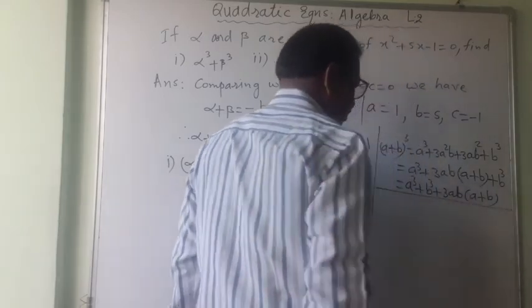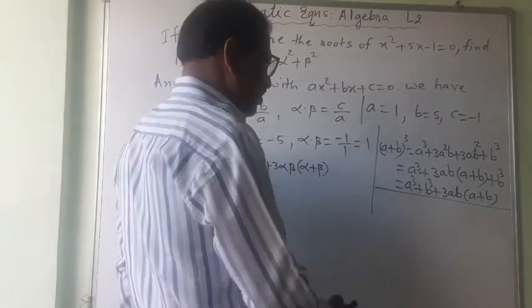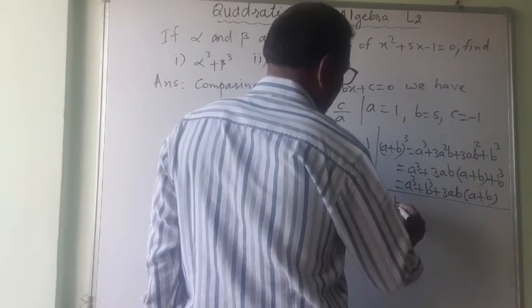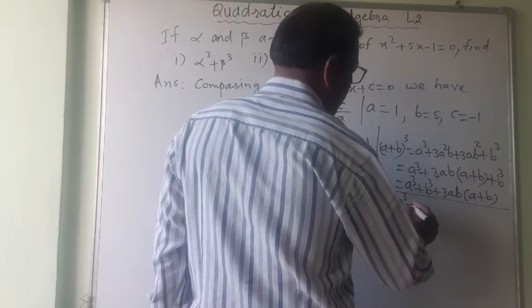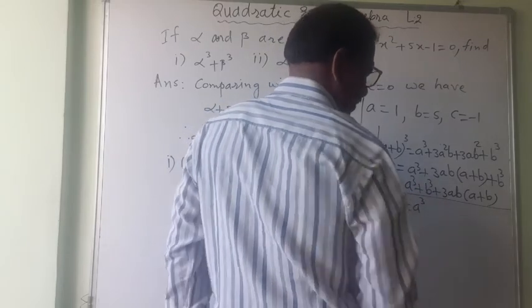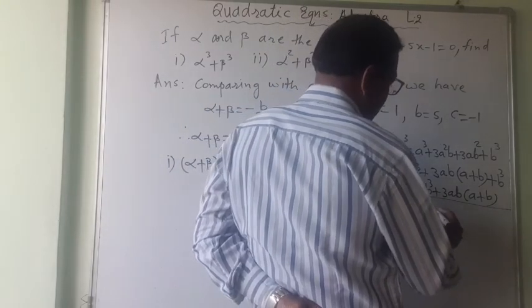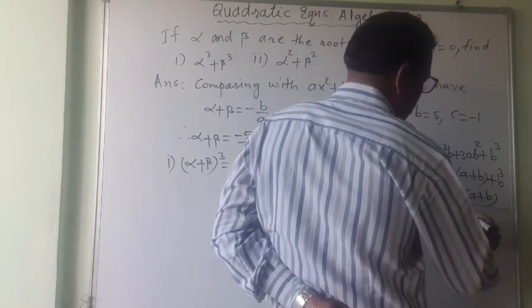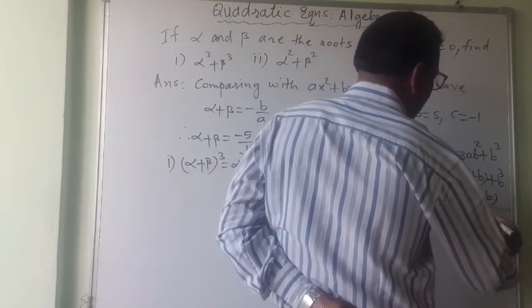Same way, the formula for a cube minus b cube: a minus b bracket cube is equal to a cube minus 3a square b plus 3ab square minus b cube.